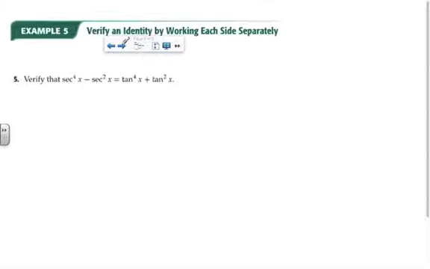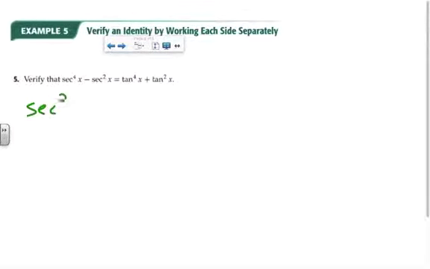Finally, I mentioned earlier that you can't add stuff to both sides or multiply things on both sides. And sometimes you have to kind of work on one side and simplify it down and work on the other side and simplify it down so that you can figure out how you're going to get one side to equal the other. So in the left-hand side, I would notice that I can factor out a secant squared of x.